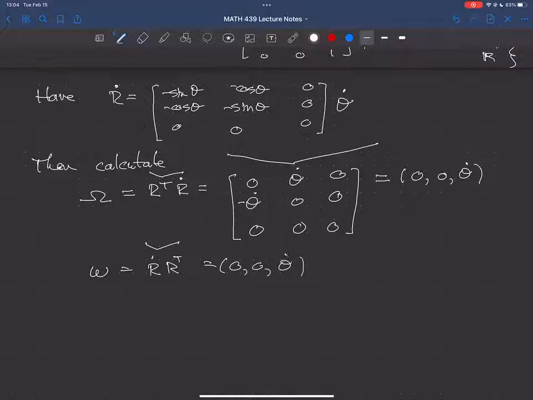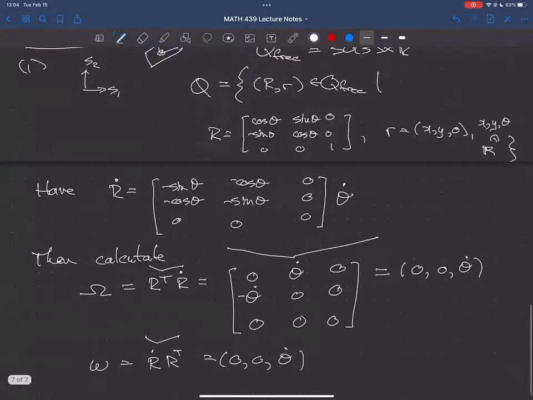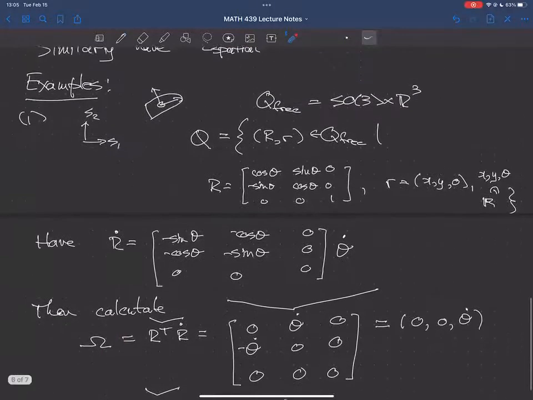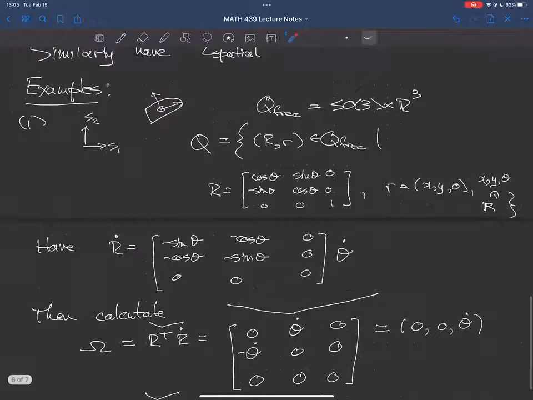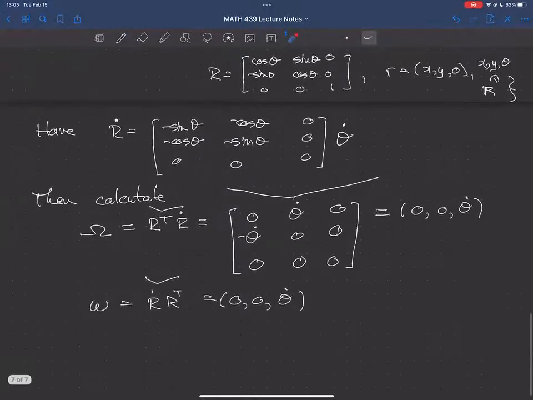Remember that the spatial velocity, as a vector in R3, is the axis about which the body is instantaneously rotating at time t. The body velocity is the same thing, but viewed from the body frame. And because the body frame has the same B3 vector as the spatial frame's S3 vector, these two things are the same in this case.